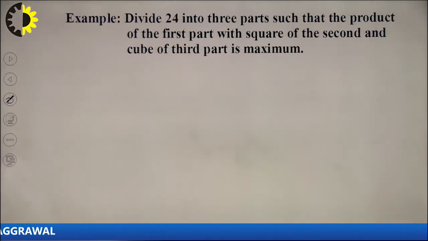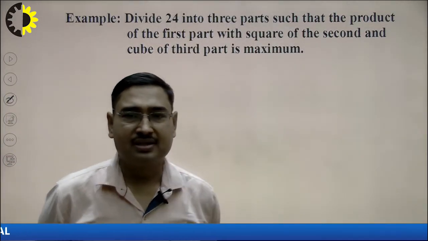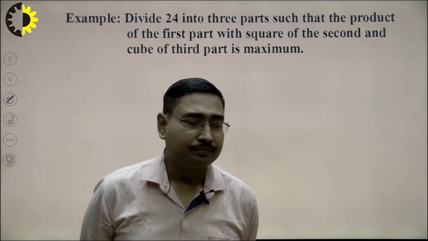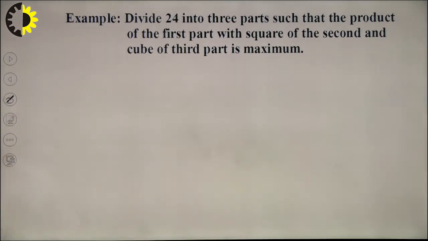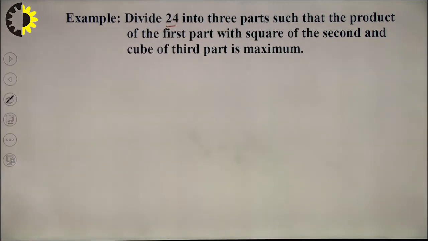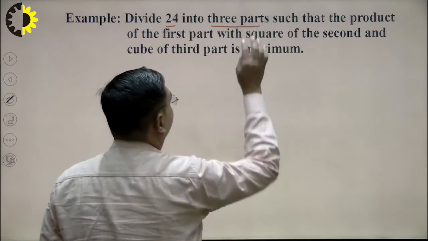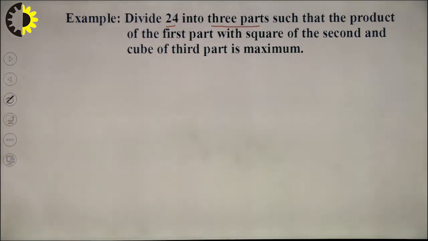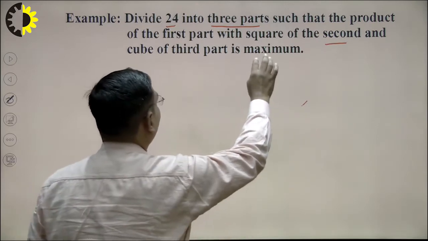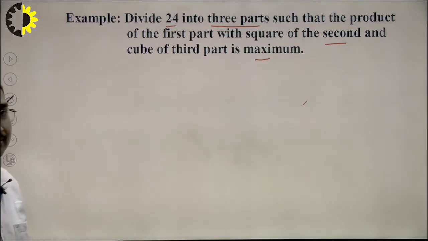Now we take an example to understand the working procedure of Lagrange multiplier method. The example says: divide 24 into 3 parts such that the product of the first part with square of the second and cube of the third part is maximum.